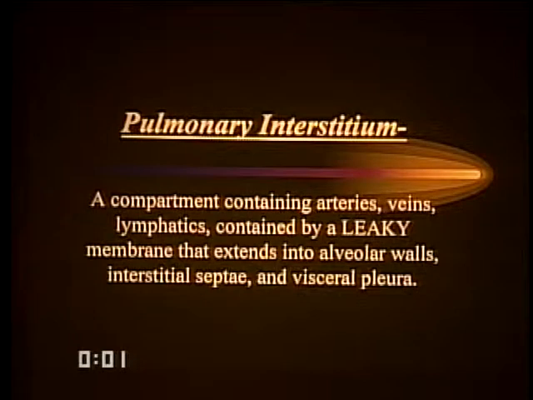The connective tissue, which when thick will form the curly line, contains lymphatics and veins, is continuous centrally with the axial interstitium, and continuous peripherally with the interstitium that runs along the visceral pleura, which contains lymphatics.